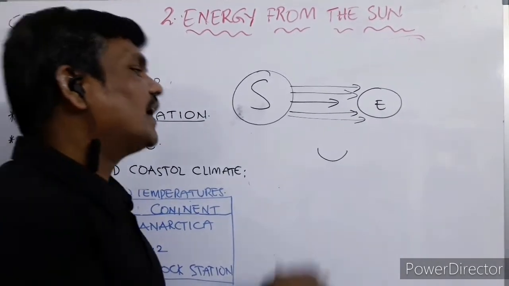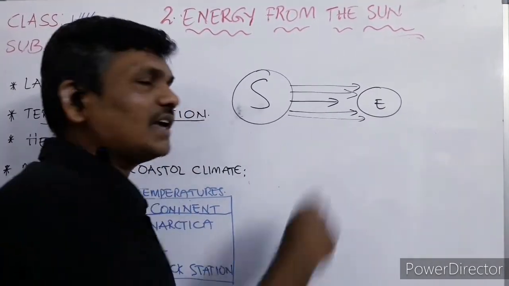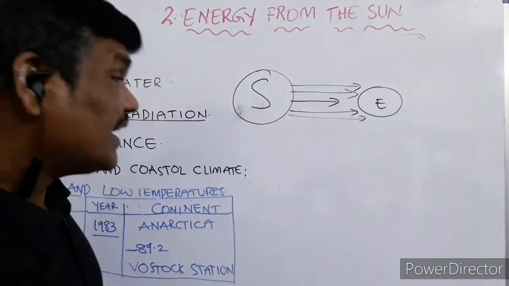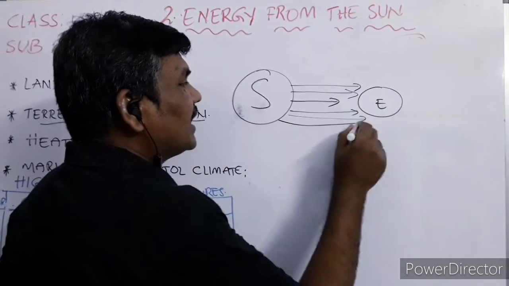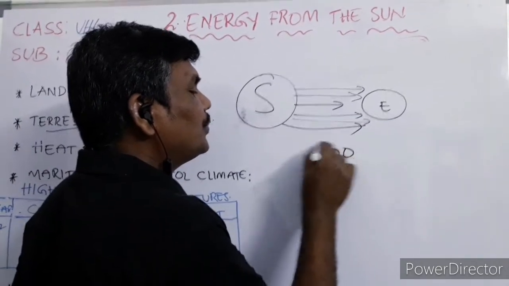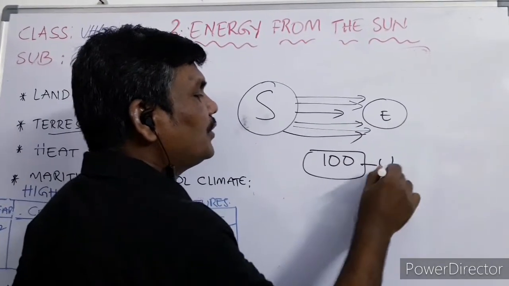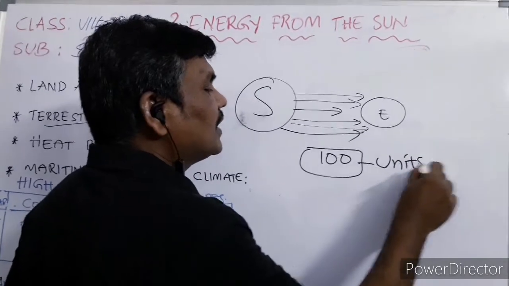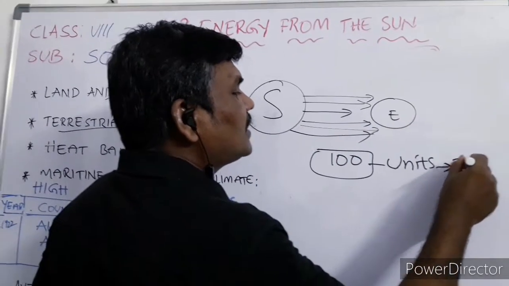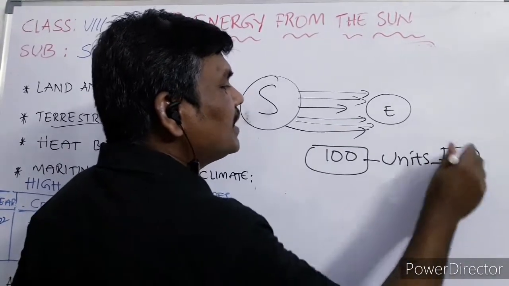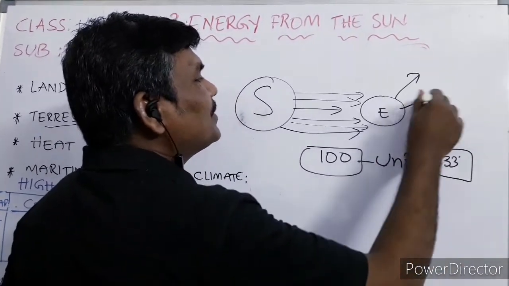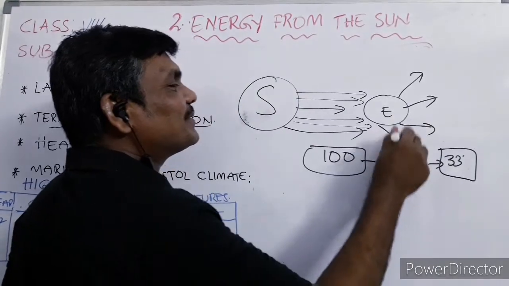That is why the earth is gradually heated. Suppose the earth receives 100 units of temperature, then immediately 33 units, 33%, will be reflected to space.